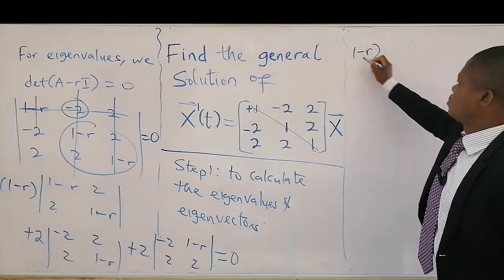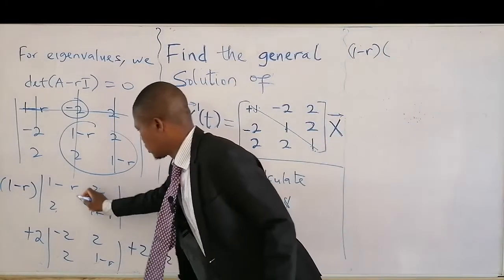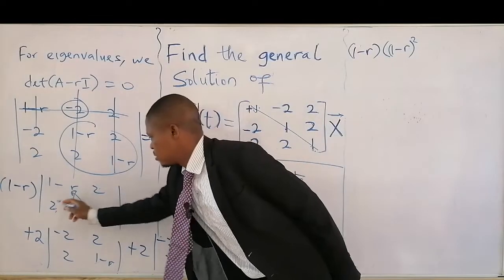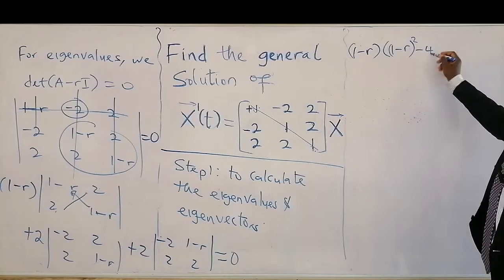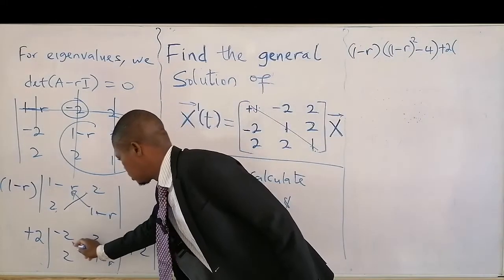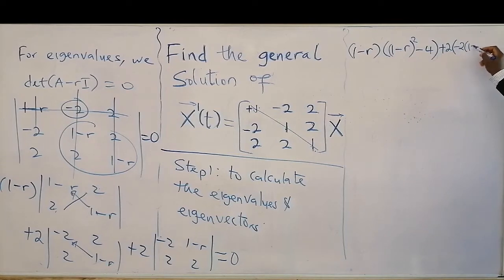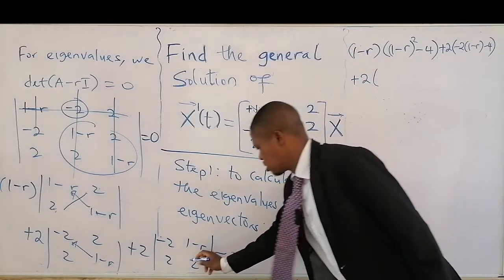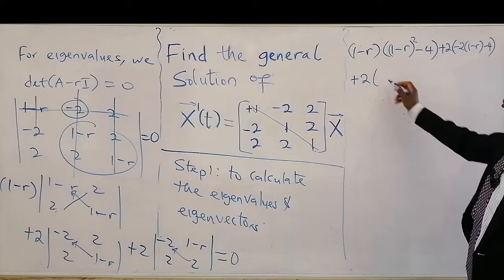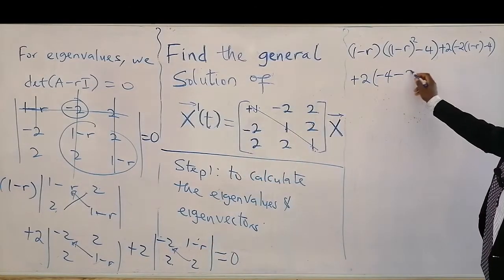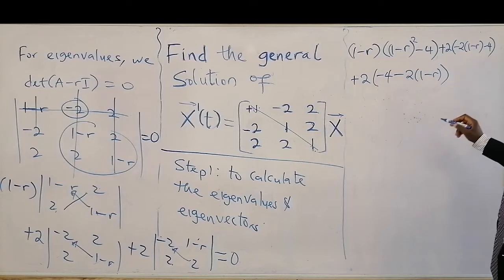Then the last one, plus 2 into brackets, this one times this, minus 2 into bracket 1 minus r, then minus 4. Then the last one, that's a plus 2 into brackets, this one times minus 2, that's minus 4, minus this one times this one, that's 2 into bracket 1 minus r. You close the brackets, and that equals 0.